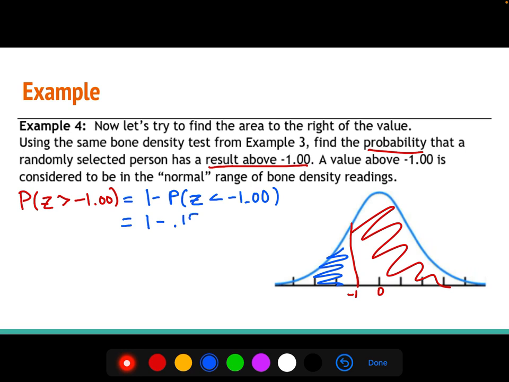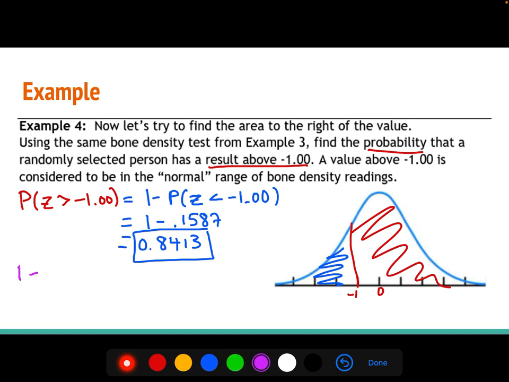So if I go to my table, the probability less than -1 is 0.1587. I subtract that from 1, and I get 0.8413.